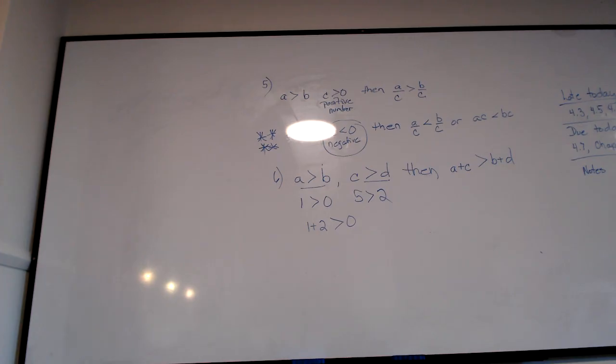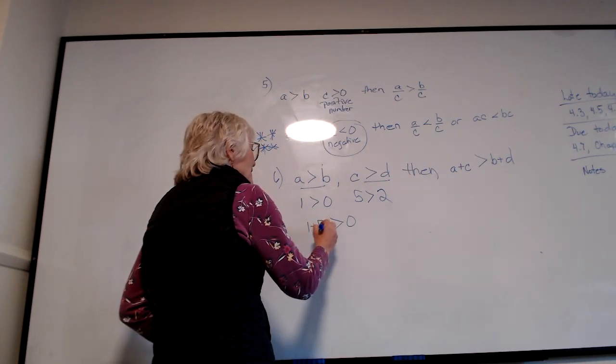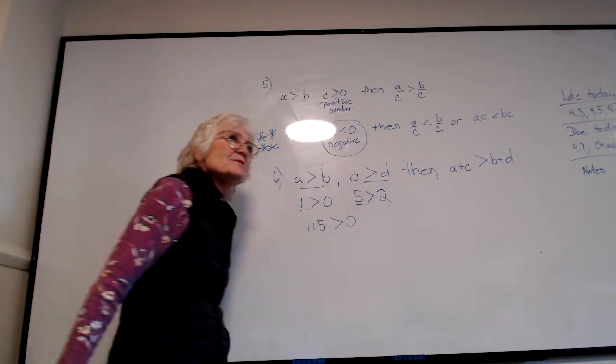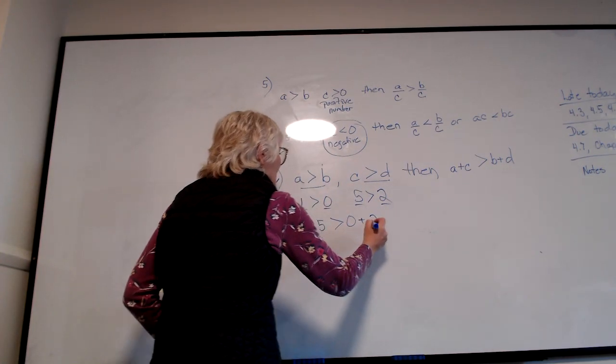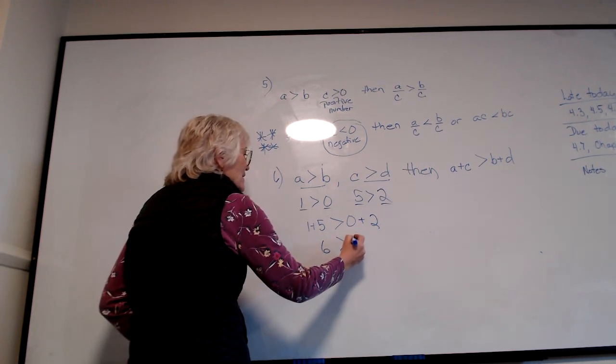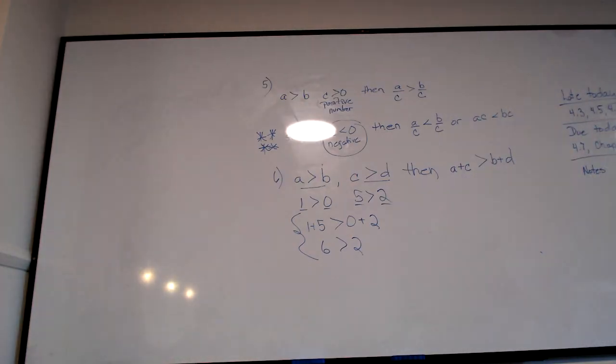Okay? So now we're taking 0 plus 1 plus 5. So the two larger numbers added together is greater than the two smaller numbers added together, so I get 6 is greater than 2. That just shows you what is going on there, okay?